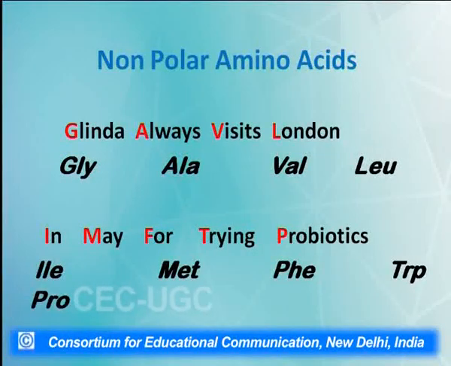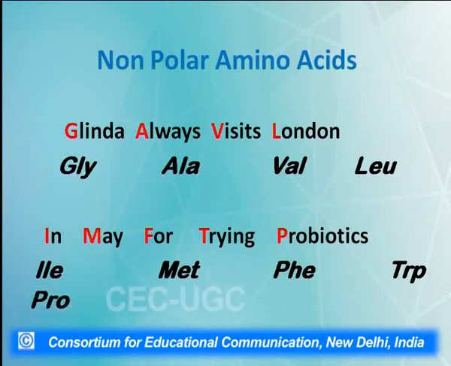Now please remember, I have underlined the first alphabet of each word by writing it in red color, and that red color will indicate the name of the amino acid.